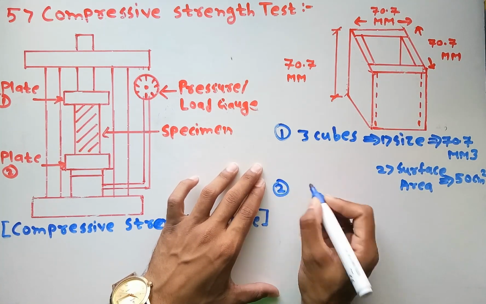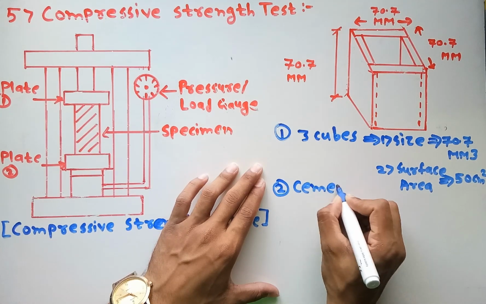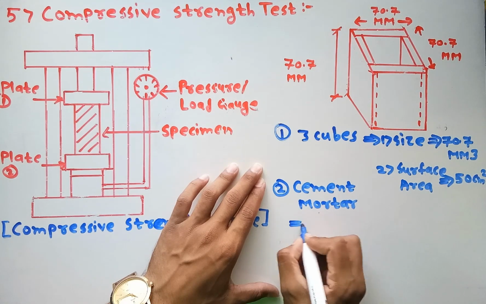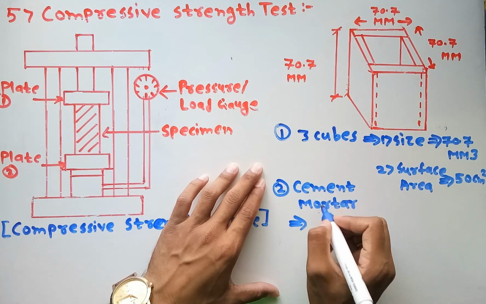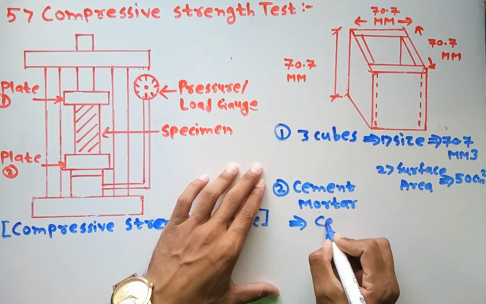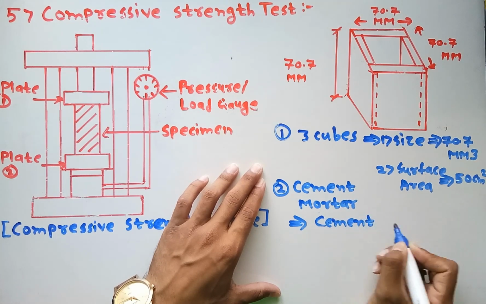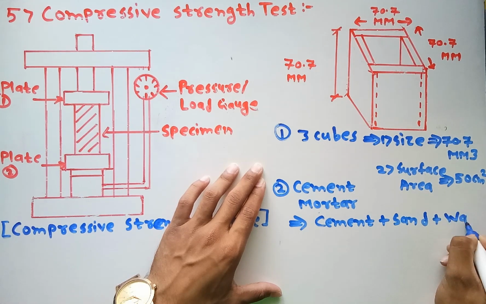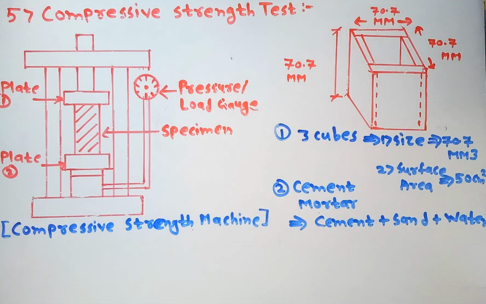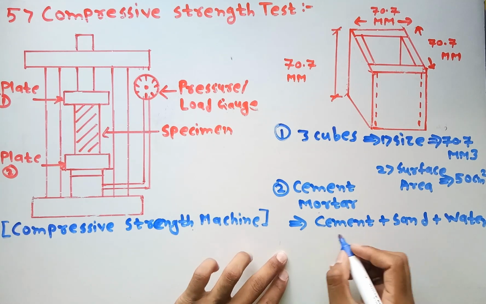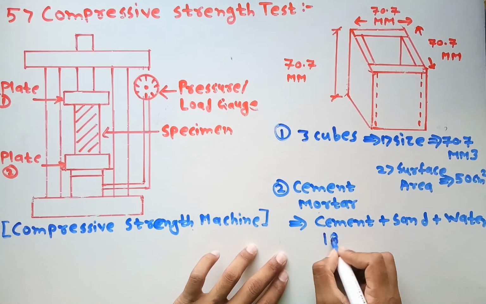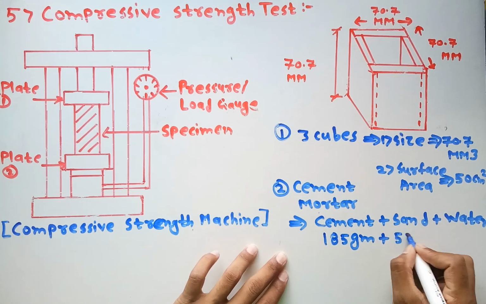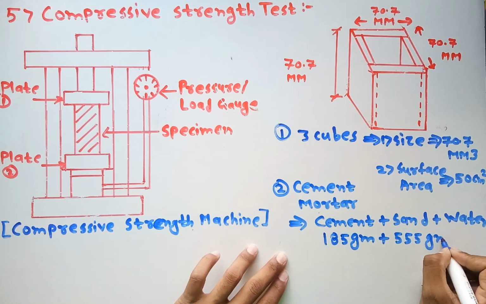In the next step it is filled with the cement mortar. The ingredients that we keep in the mortar are cement, sand, and water. The quantity of cement that we use is around 185 grams. Then sand is around 555 grams.